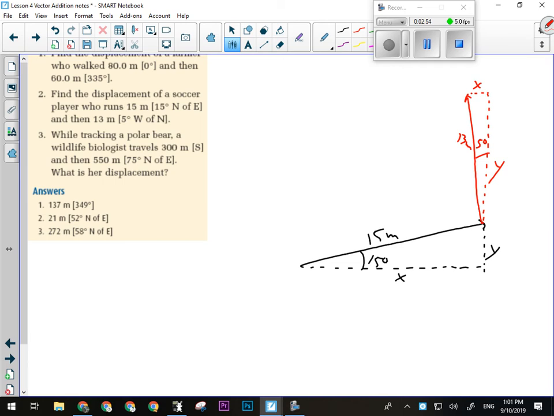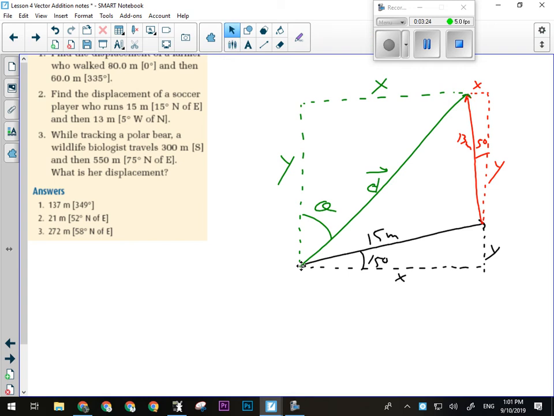That means then that my resultant goes from my initial position to my final position, and is hopefully straighter than I drew it. Okay? And then it also has an x, a y, and an angle. And since these are both displacement vectors, it will represent the total displacement of the soccer player. All right? Everybody okay with that?